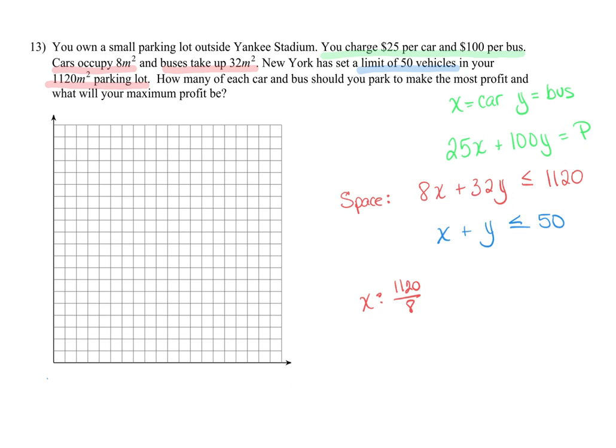That number over my number in front of my x. And so I know I'm going to have a pretty big number here. So I am going to base my graph off of how big these numbers are, right? I'm going to look at my y-intercept.